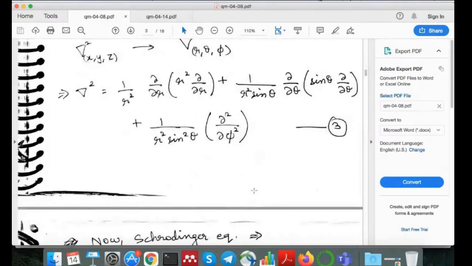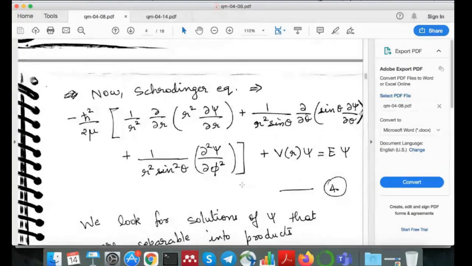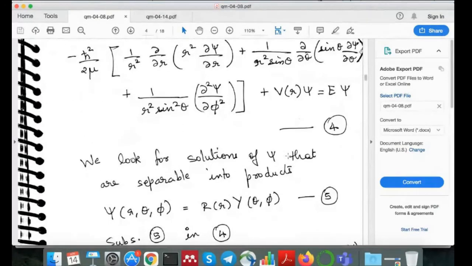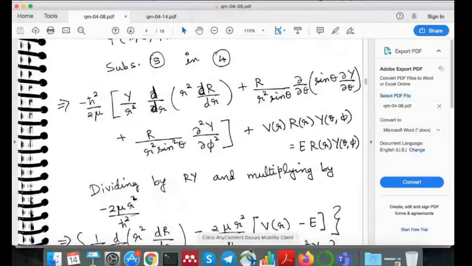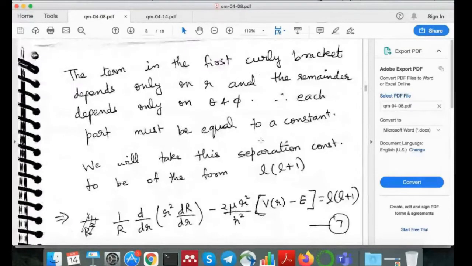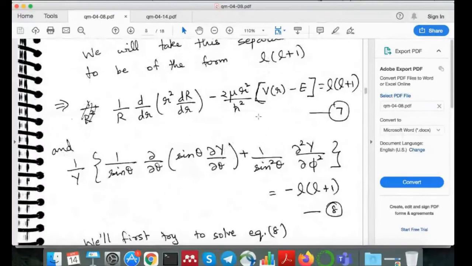And after that, we used the separation of variables, right? So we assume that psi is a product of two functions. One function is a function of only the radial variable r, and the other function is an angular function, which is a function of theta and phi. So we were able to get these two different equations, and then we proceeded to solve it.